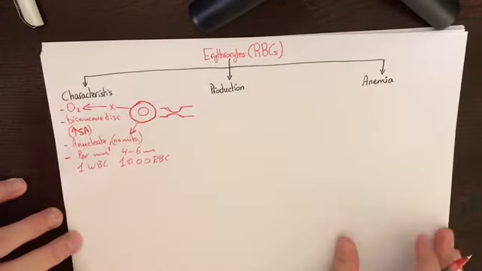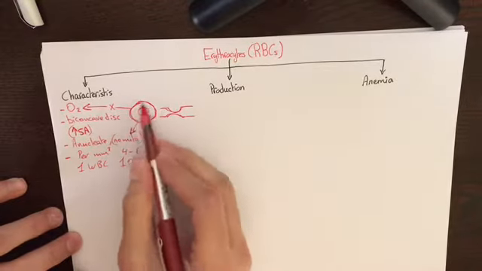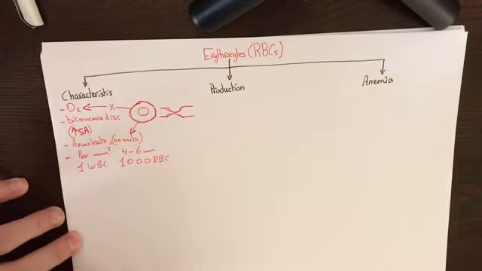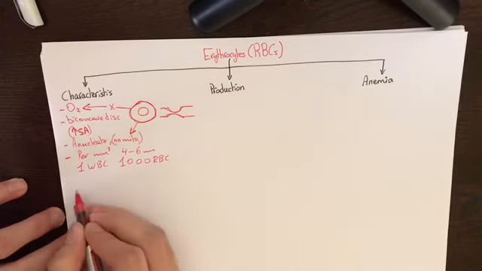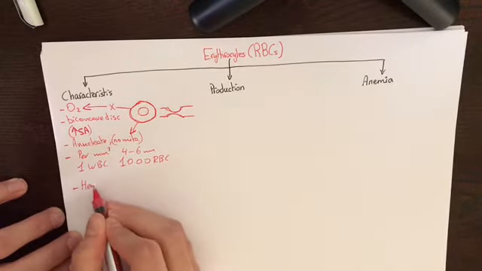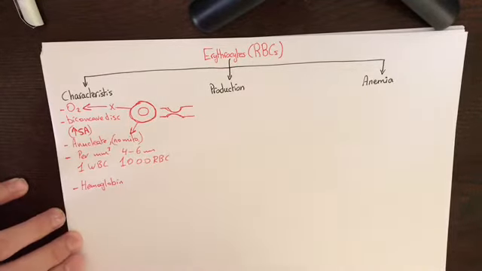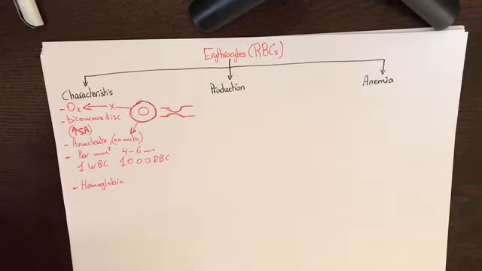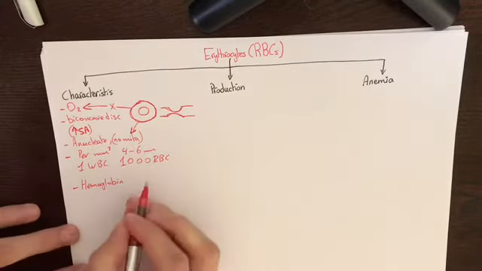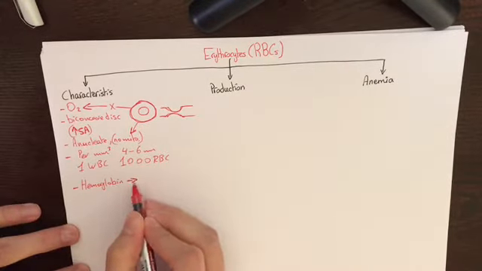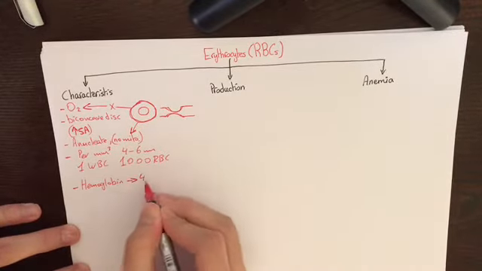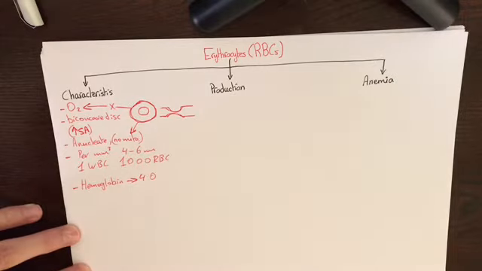Now we said red blood cells transfer oxygen, but they only do so because they contain a molecule called hemoglobin. Hemoglobin is a protein that contains iron. This protein can bind to 4 oxygen molecules.